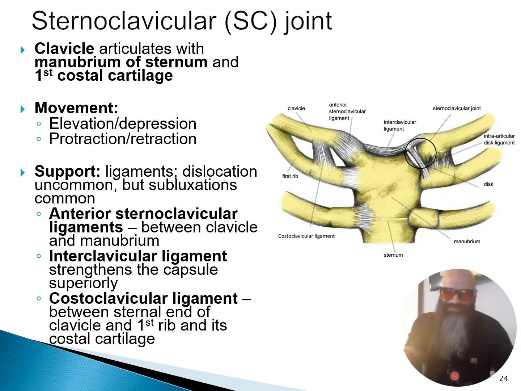So it provides support. This is a lot of minutia here. The different types of ligaments for the SC joint. I won't ask that of you this time, but just know where it is. Your manubrium, your first costal cartilage, all the movements involved, and it provides literally a support system, a strut.